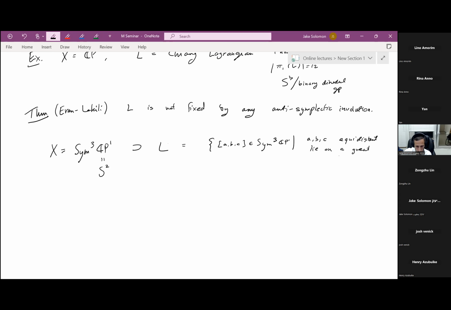I guess if you want to have a hope of thinking of this in terms of the Fukaya category, then, at least if you're looking at characteristic 0 coefficients, it's probably a good idea to work over a Novikov ring instead of a Novikov field.